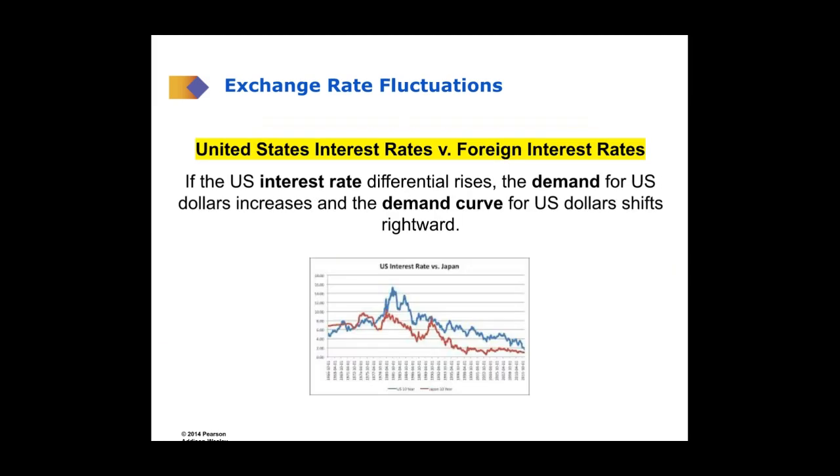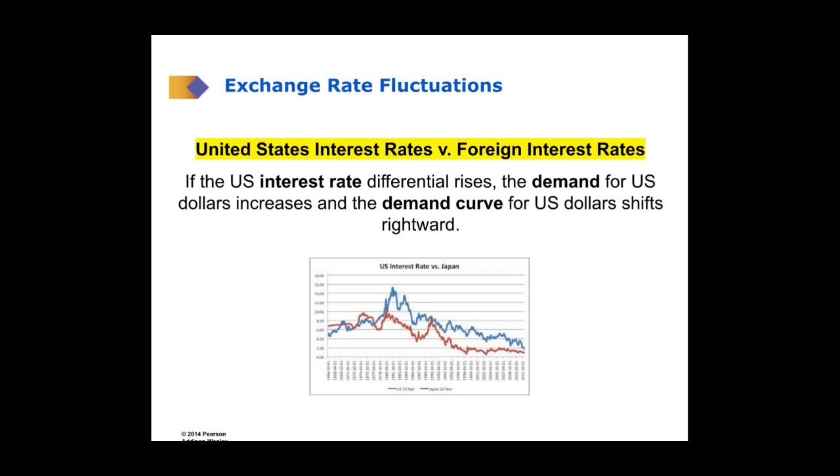It's also true that interest rates can change. The differential between the interest rates in the United States and interest rates in other countries: if the interest rates in the U.S. increase and they stay the same somewhere else, then the demand curve for U.S. currency will increase.